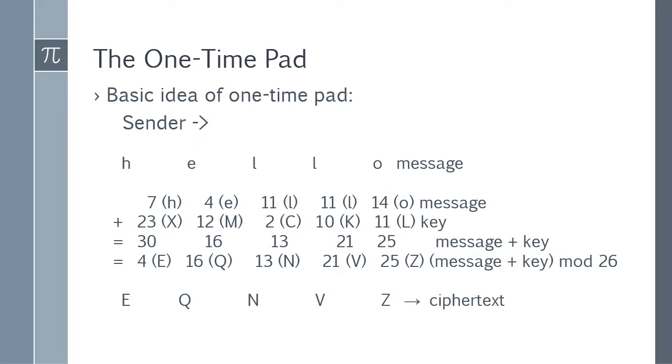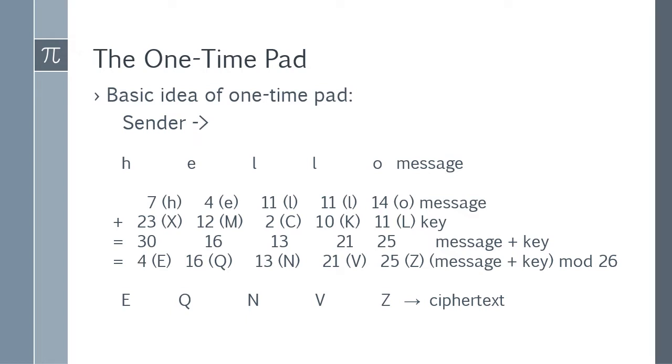In this example, the method is to combine the key and the message by modular addition. The numerical values of corresponding message and key letters are added, and then modulo 26 is used.